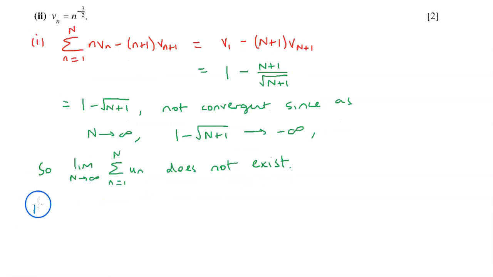And then for part II, it's just n to the power of negative 3 over 2 this time.